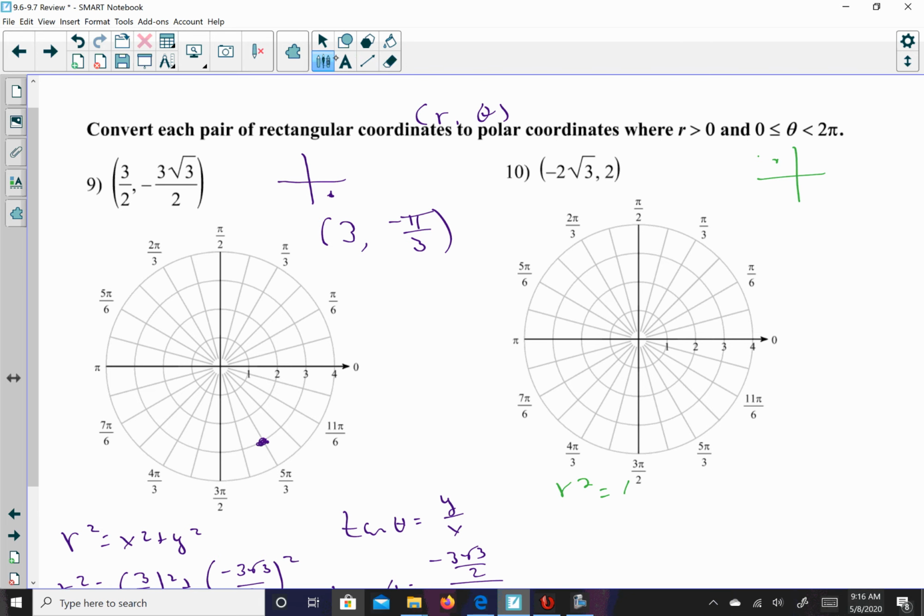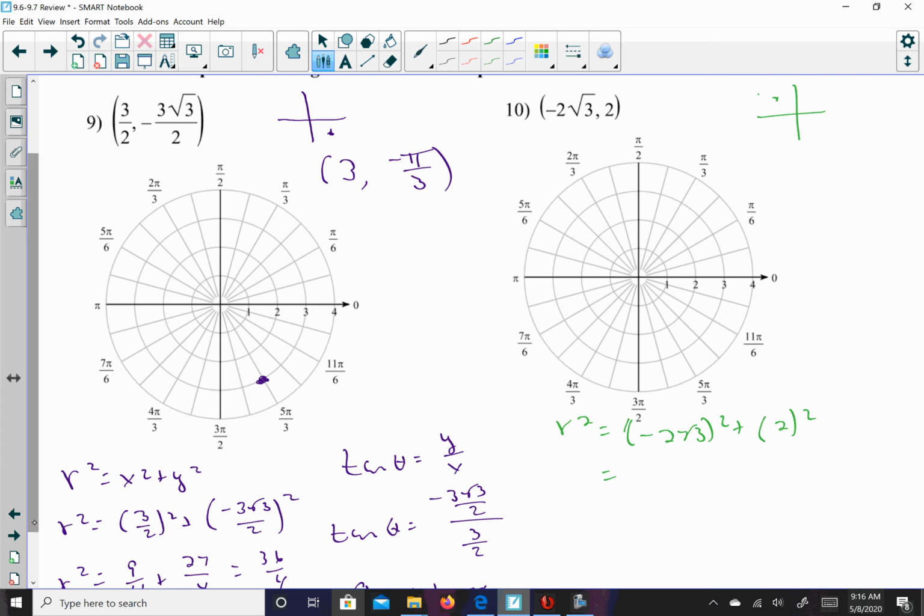Let's try that again. So this will be (negative 2 times the square root of 3) squared plus 2 squared. So that'll be 12 plus 4, so that's 16. So r squared is equal to 16, which means r is equal to 4. So I know my 4.